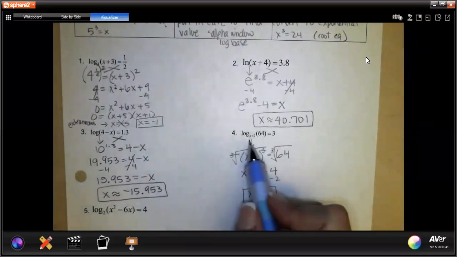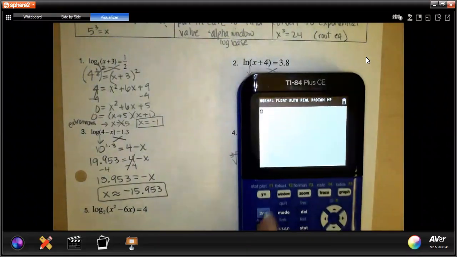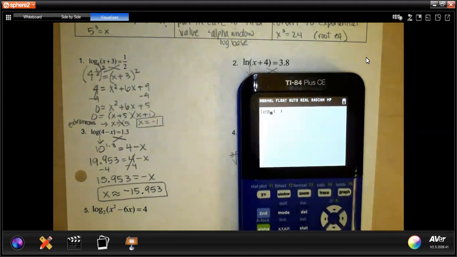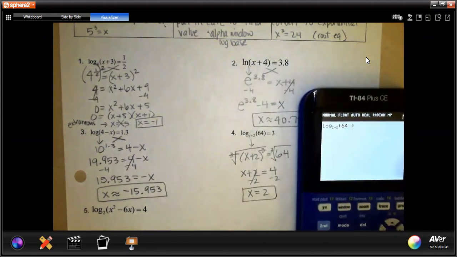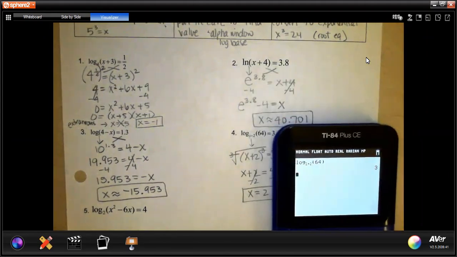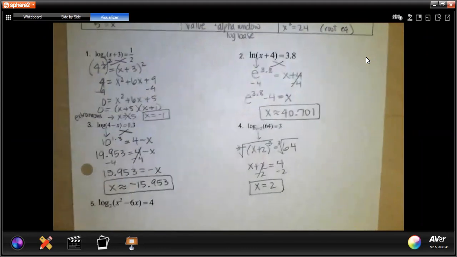You could also check it by plugging this entire thing into your calculator that way. So we'll do that as a check so you can see that. That's alpha window, log base. And I put 2 plus 2 as the base and 64 as my argument. And we get 3, which is what it's equal to here. So we can see that it works.